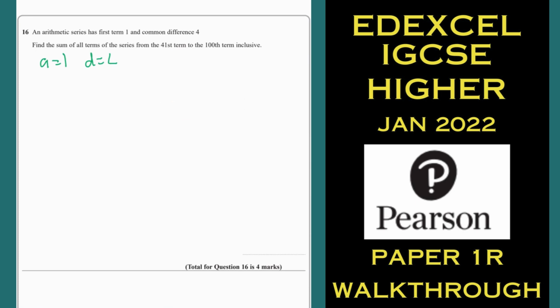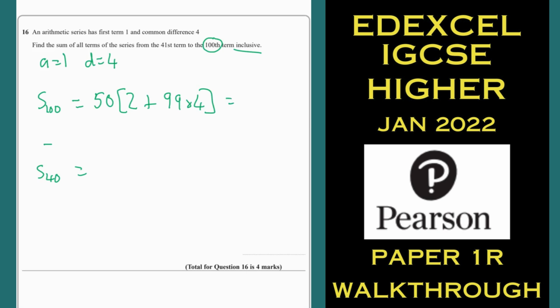So what you're essentially going to do is find the sum to 100, but then you need to subtract the sum to 40, because the 41st term, it's inclusive. So flip to your formula sheet. You've got a formula that goes n divided by 2, 2 lots of a, plus n minus 1 times the difference.